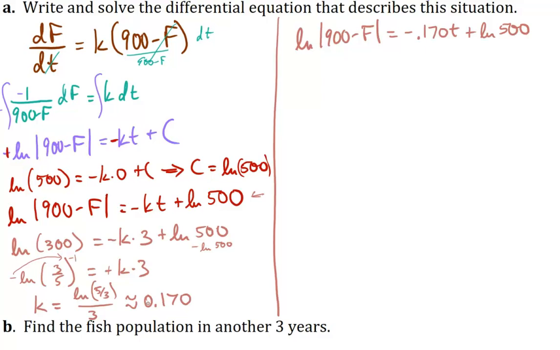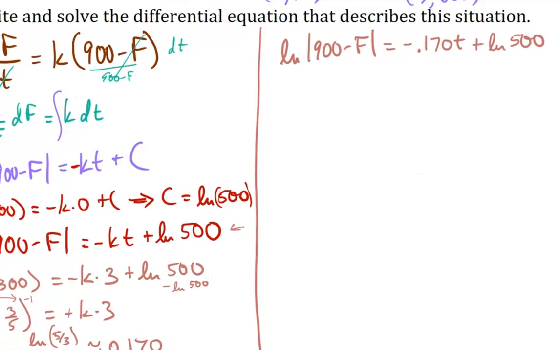Okay, and now that I have my value for k and my constant, I need to find my particular solution by solving for f, because it does say to write and solve the differential equation that describes the situation. And I only have one f, so I do need to isolate it.